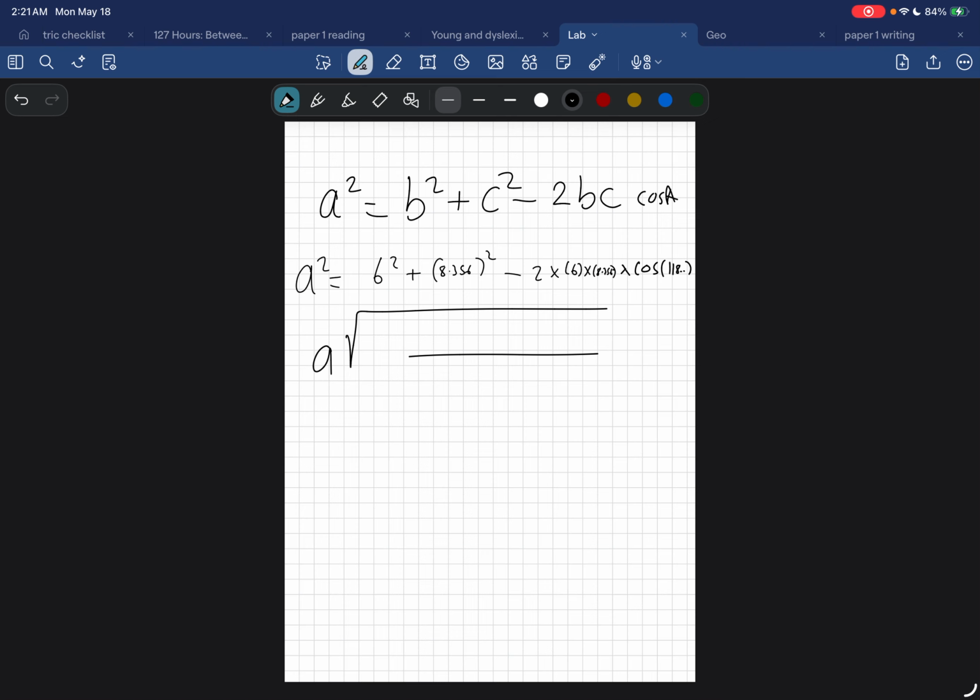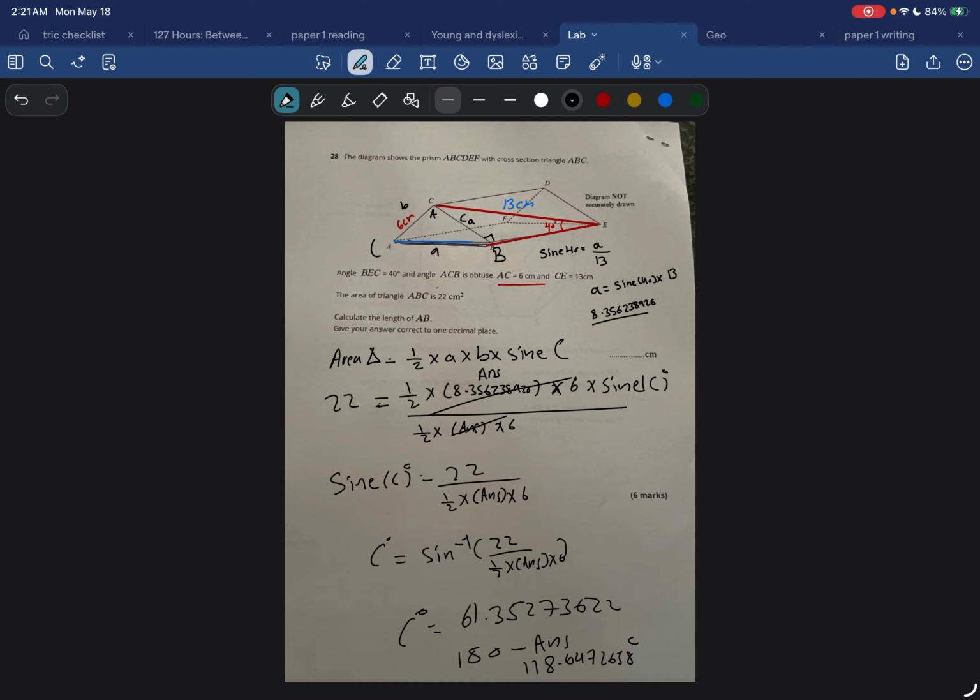We plot it on the calculator. So what we're going to do in the calculator? Square root of 6 squared plus 8.356 squared minus 2 times 6 times 8.356 times cosine of the value we got, which is 118.647.